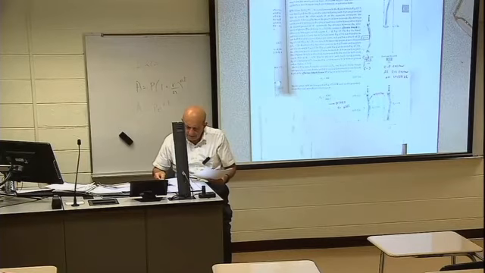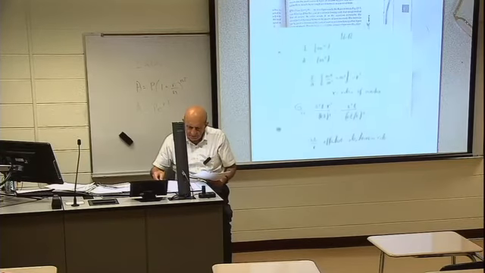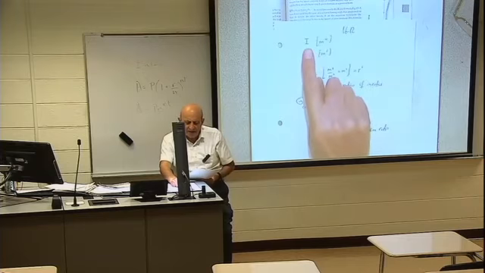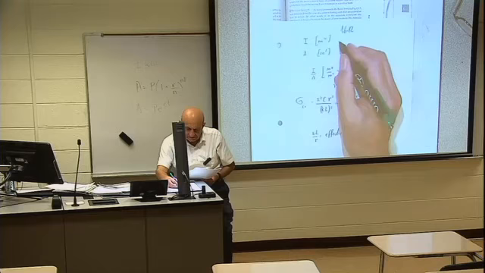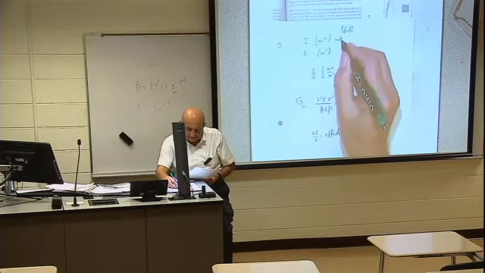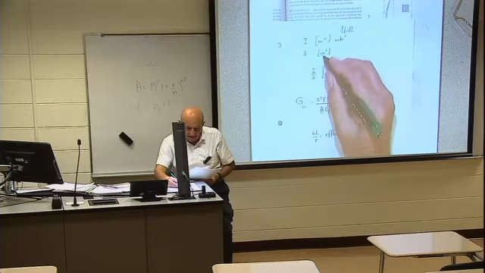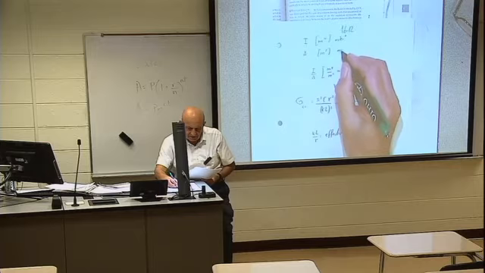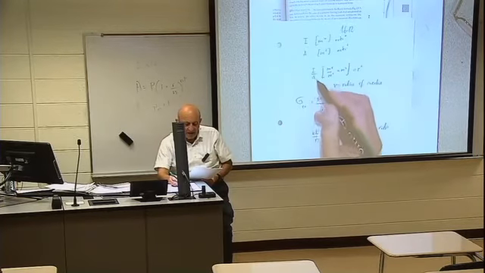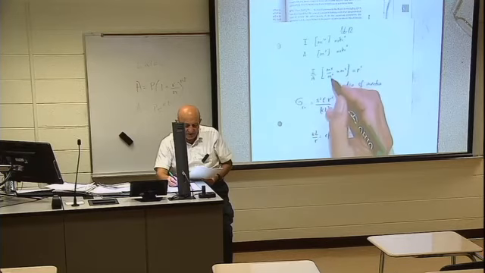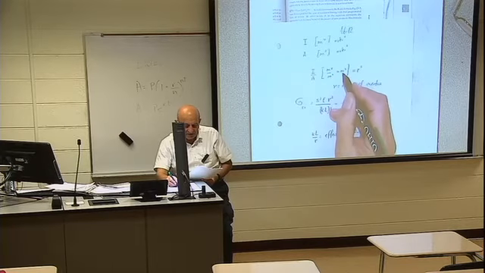So we have I, which has a dimension of meter to the fourth power. Area has a dimension of meter squared. So I over A will be meter to the fourth power divided by meter squared, which equals meter squared.